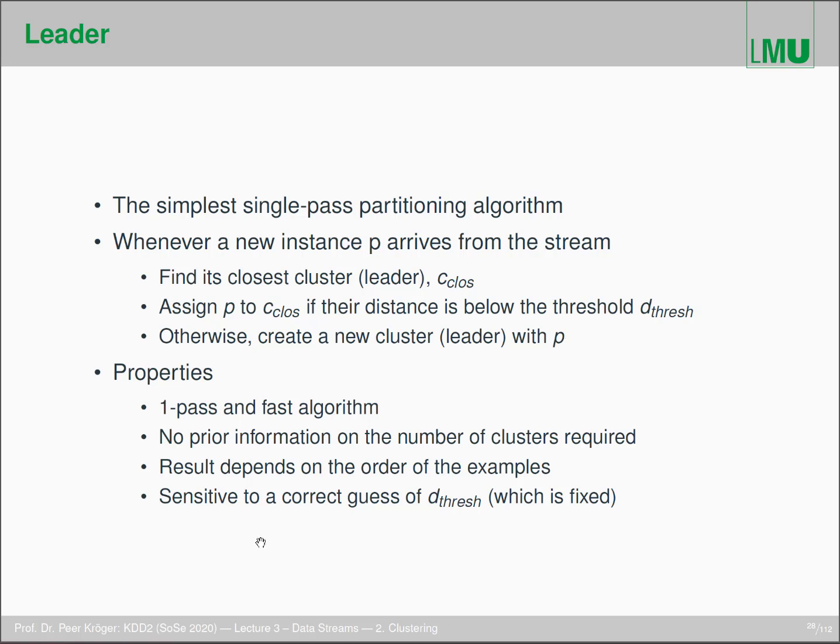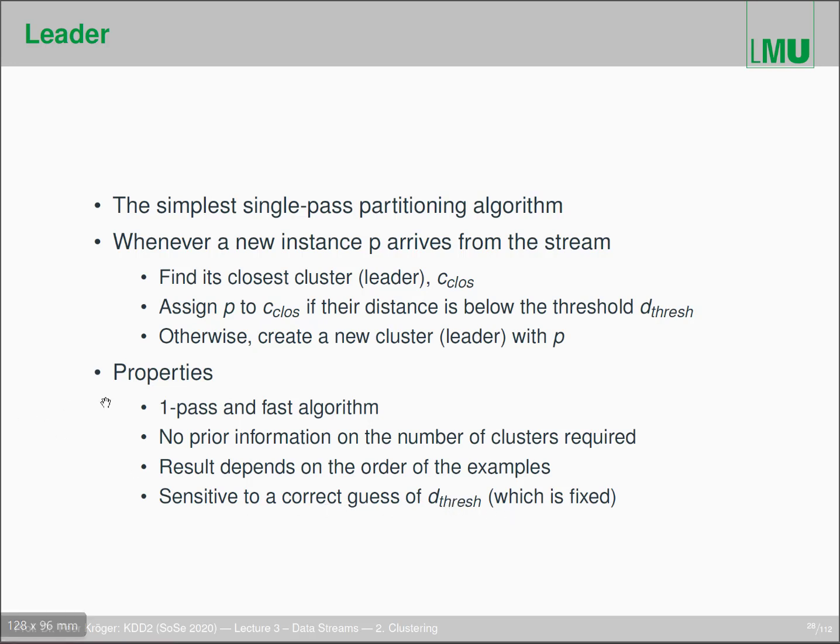And it's also obviously quite sensitive to a correct guess of this threshold, which is fixed over the whole time. So even though we may have, for example, a damped or a landmark window model, this is maybe a little bit unrealistic, but anyway. So the threshold is fixed, and it's hard to set, of course, because you never know how to set it.